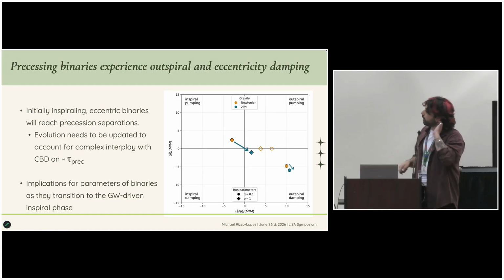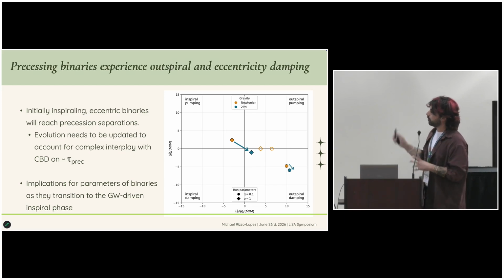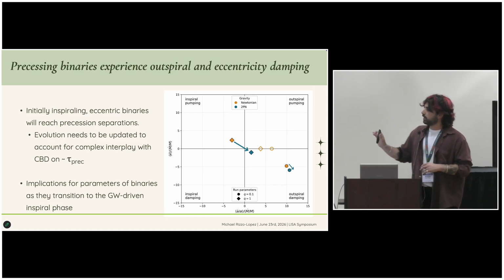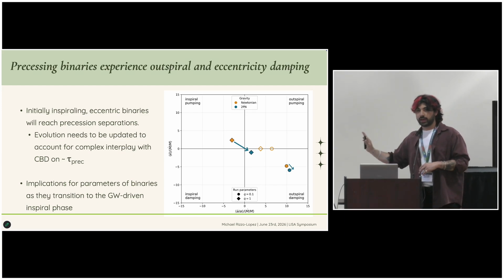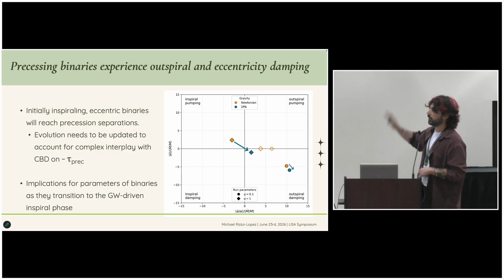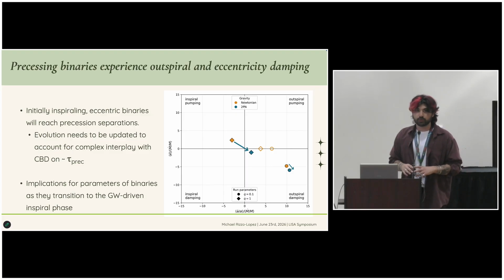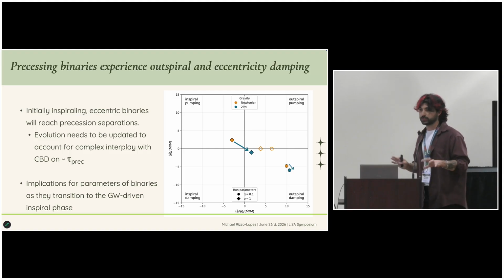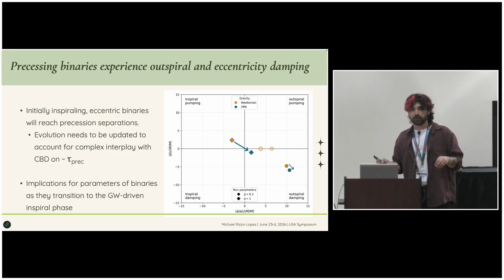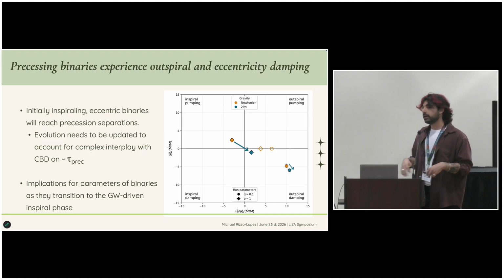And then one of our last results is this big plot on the right, where we have the binary separation evolution, a dot, on the x-axis, and our eccentricity evolution on the y-axis, which allows us to separate this into 4 different regions of parameter space, where you are either an out-spiraling, getting more eccentric binary, or an in-spiraling, dampening your eccentricity binary.